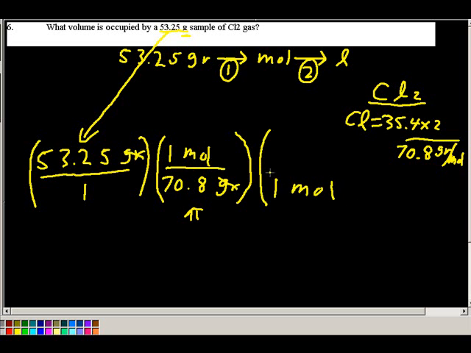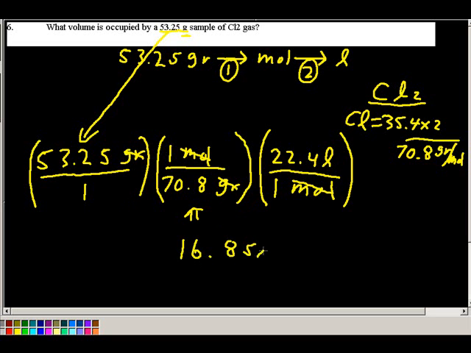And when it comes to gases, 22.4 liters will hold 1 mole worth of a gas. You'll notice our moles cancel. Now when you multiply the numerators divided by the denominators, you come up with 16.85 liters of Cl2. There's your answer.